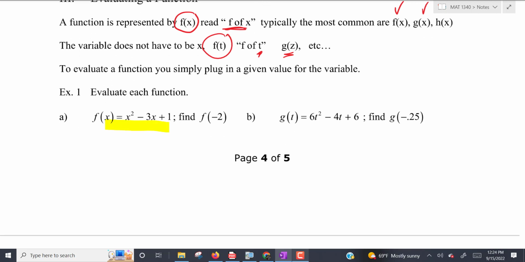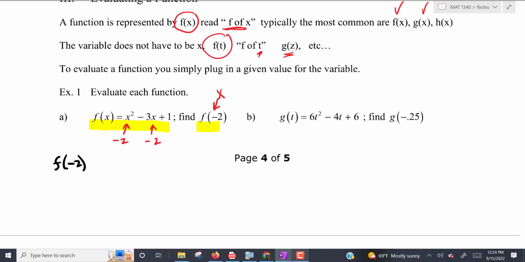You're given your function, f of x is x squared minus 3x plus 1. You want to find f of negative 2. Now what this means is that negative 2 is what x is. So what you're going to do is everywhere you see an x, you're just going to replace it with negative 2, and then you're going to do your arithmetic. That's what it means to evaluate a function.